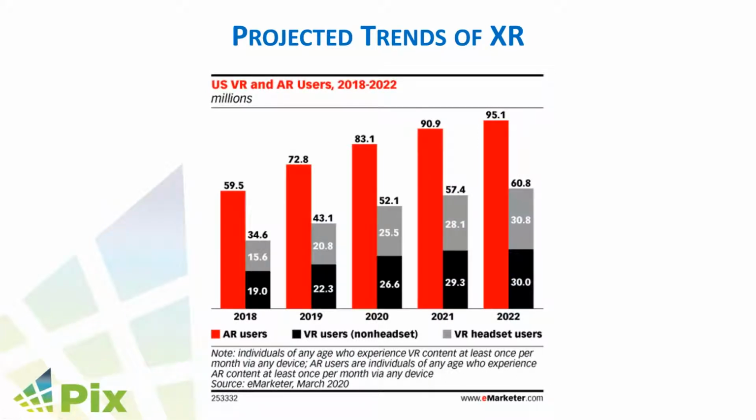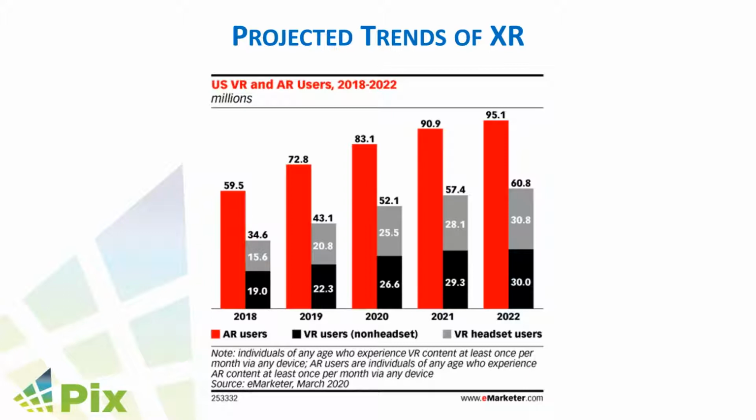Okay, and so these charts represent the VR and AR usage within the US for all industries, not just commercial real estate. The red represents augmented reality, the black represents virtual reality users without headsets, and the gray represents VR users with headsets.